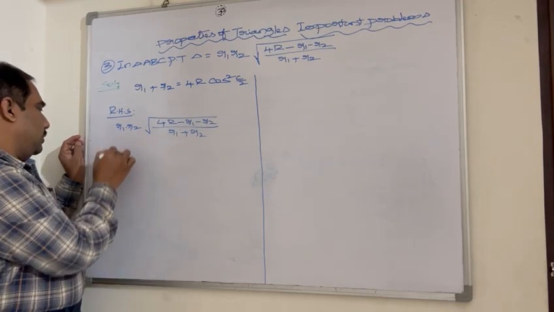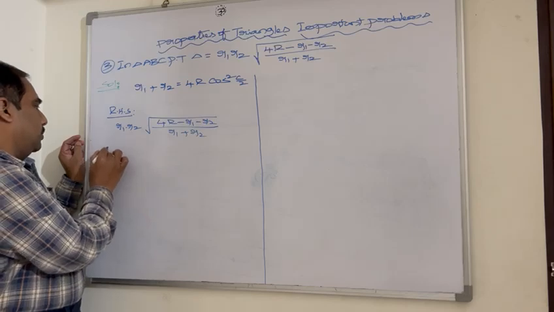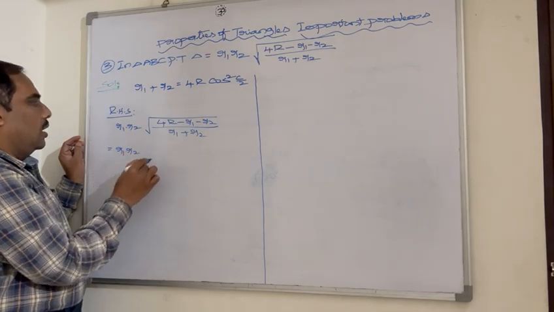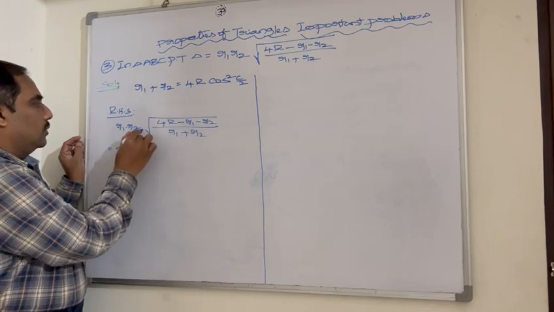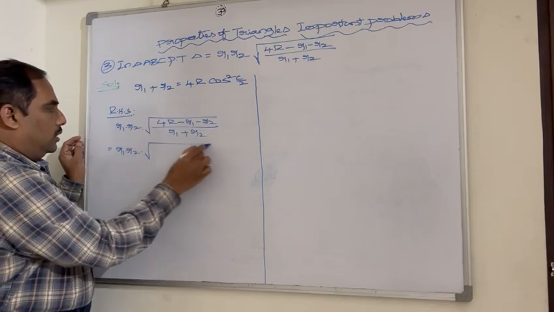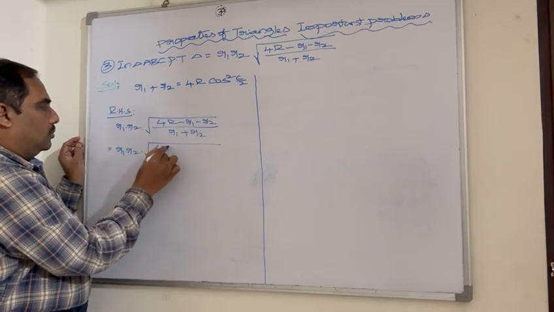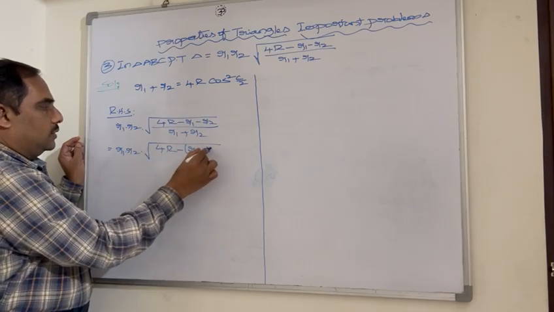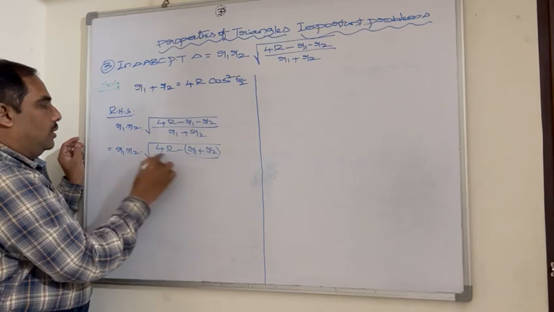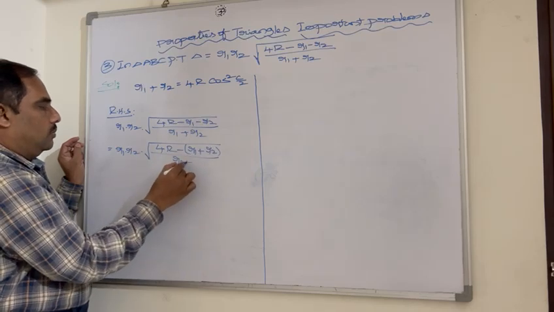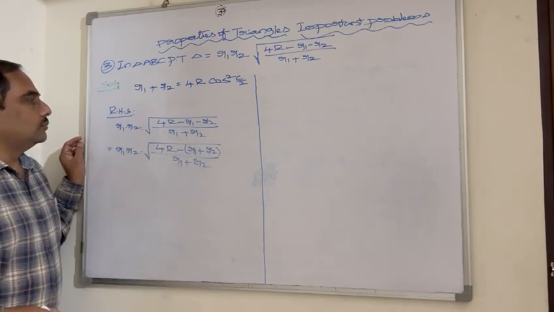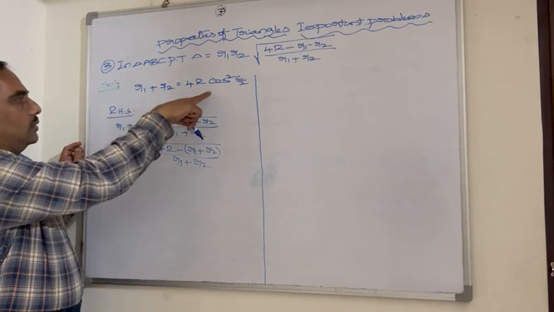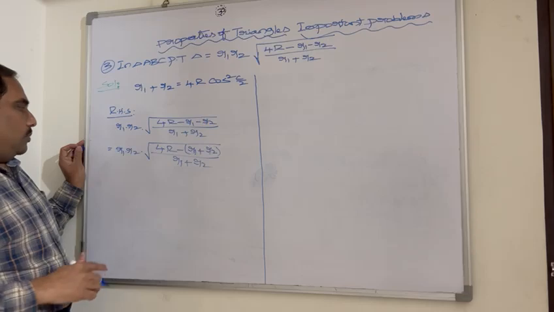Now here, I am writing R1 R2 as it is, into root over 4R. If you take minus common, it can be written as (R1 plus R2) whole divided by R1 plus R2. So now here you have R1 plus R2 is equal to 4R cos square C by 2.